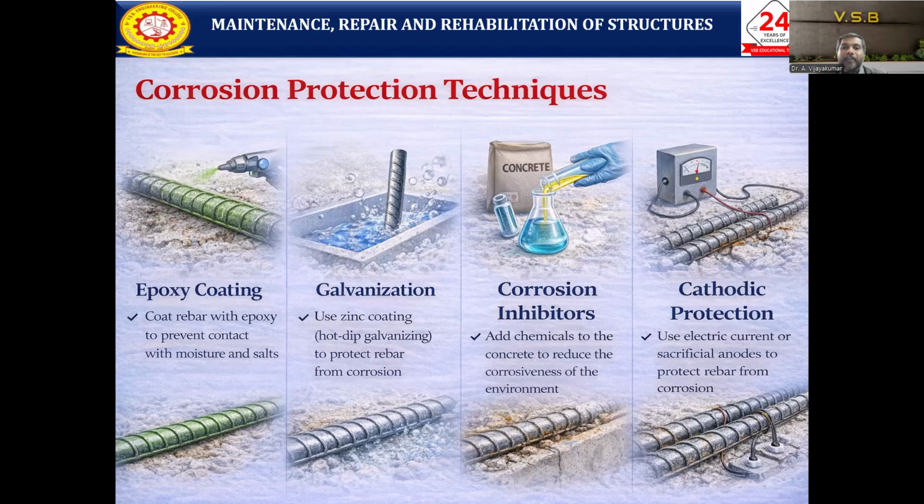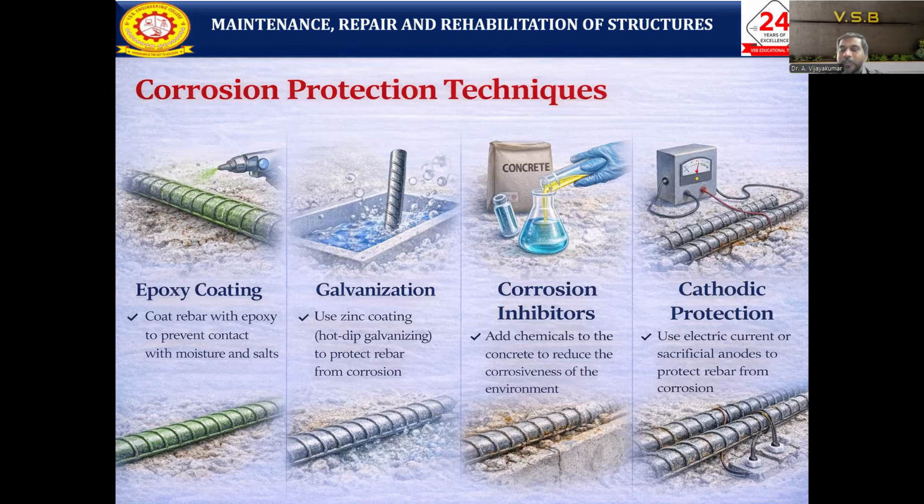For galvanization, we need a zinc coating above the reinforcement. We dip the rebar in a tank of molten zinc to protect it from corrosion. We can also use corrosion inhibitors, adding chemicals to the concrete to reduce the corrosive effect of the environment.